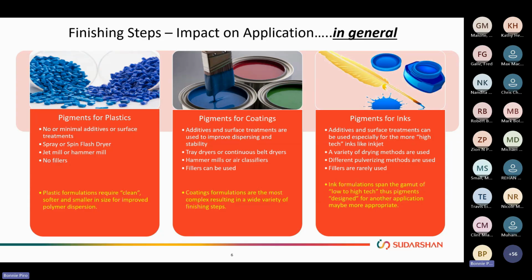So the interesting thing is, if you ever looked at a full brochure line card of pigments and compared the number of pigment choices from a plastics perspective versus coatings or inks, the number of product offerings is always going to be greater in coatings and inks because there's so many sub-applications in those areas, as I just mentioned before. So there's a lot of specific finishing choices used to match to that sub-application.